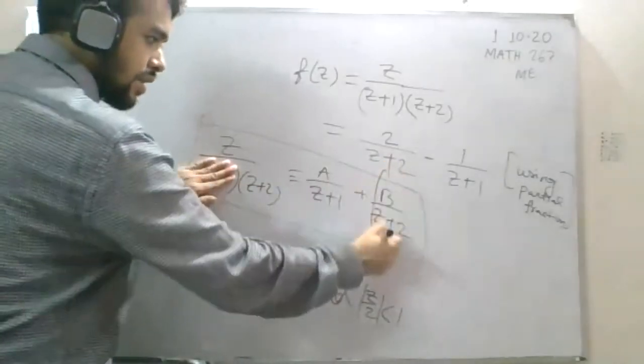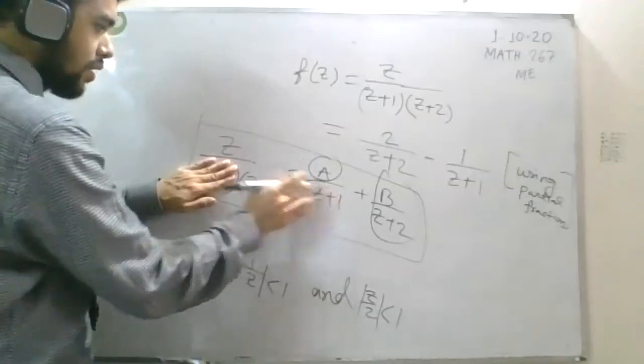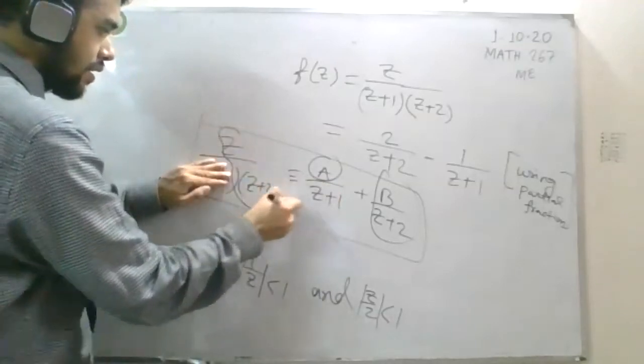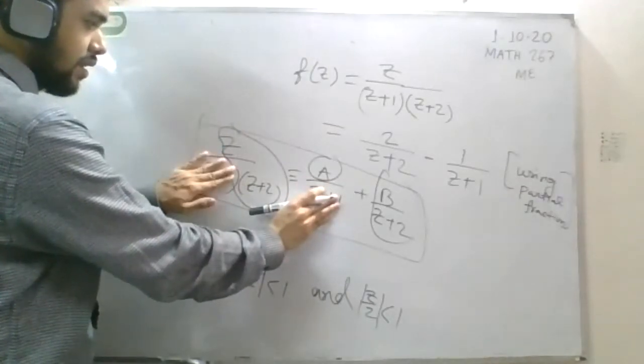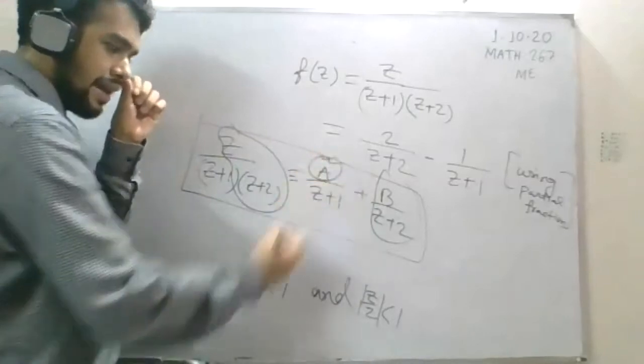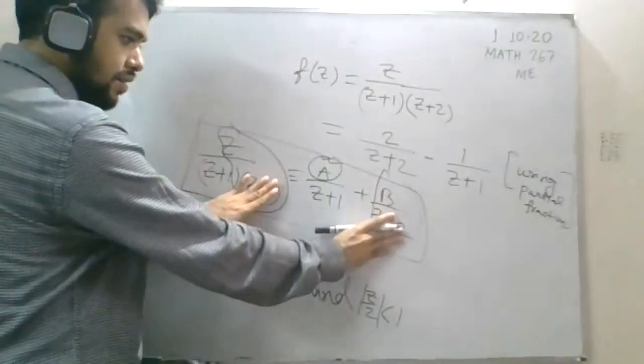If you put -1 in here, you can get the value of a.